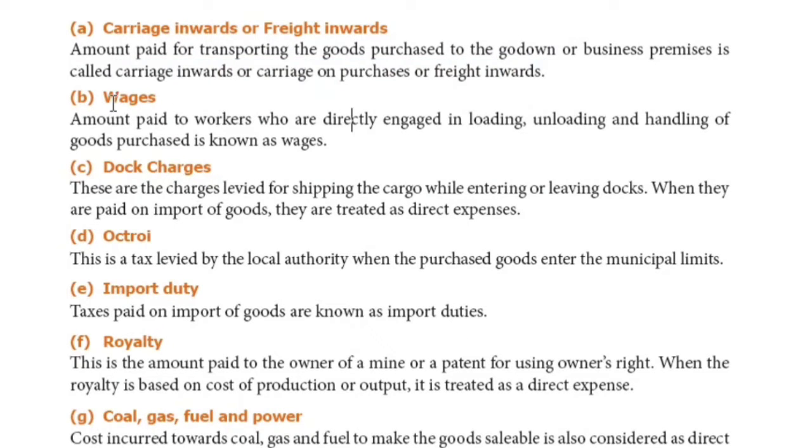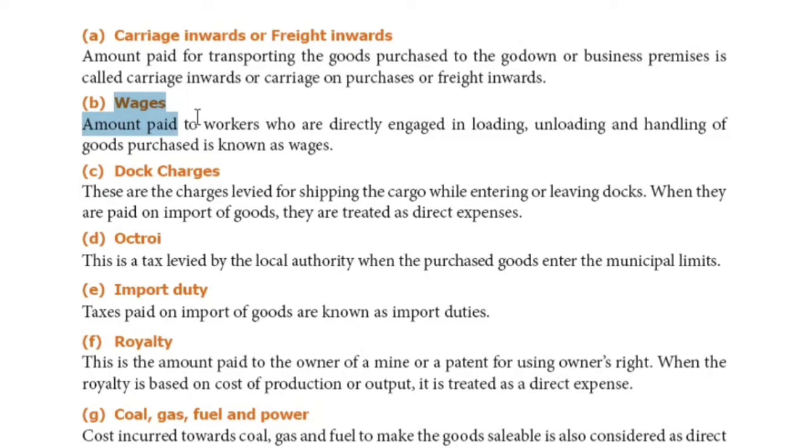Next is wages. Wages is the kind of salary you pay to the people who load and unload stuff in your factory. Have you seen in the ration shops, when the lorry comes, they carry those sacks of bags and go in and come out from the lorry to the ration shop? Have you seen those people? They are called daily wage earners.